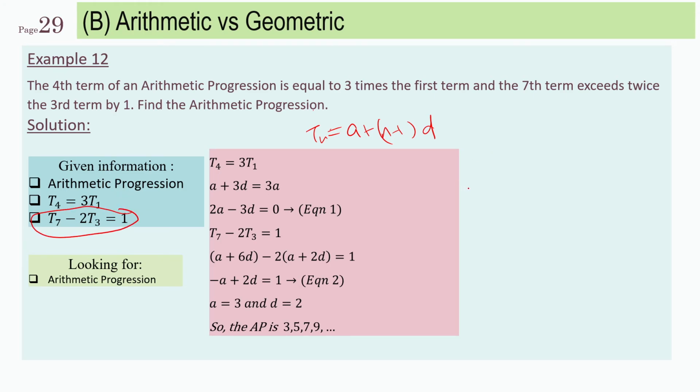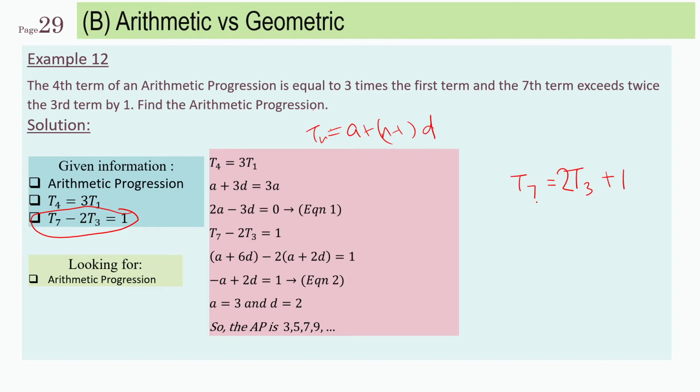Exceed, melebihi, the T3 by 1. By 1 means an extra 1, so 2 times your T3 plus 1 is equal to your T7.